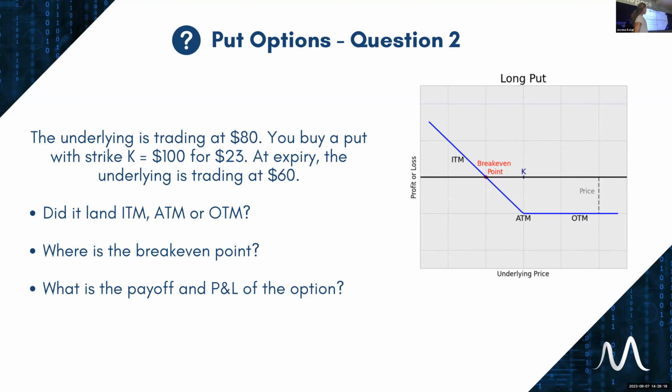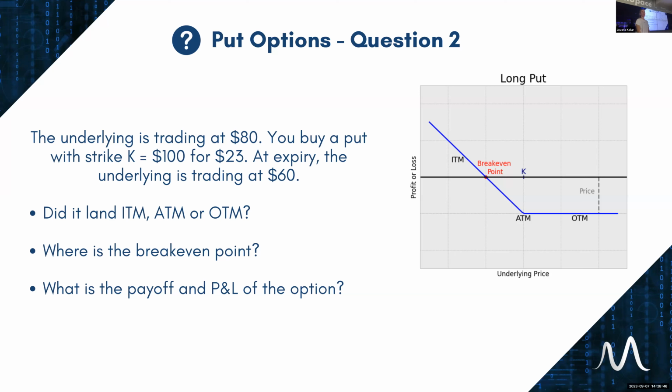Okay, we'll go through this quickly. The strike is 100, we pay $23, and at expiry, the underlying is at 60. So did it settle in the money, at the money, or out of the money?